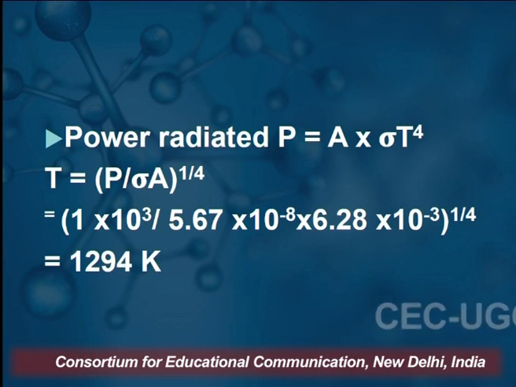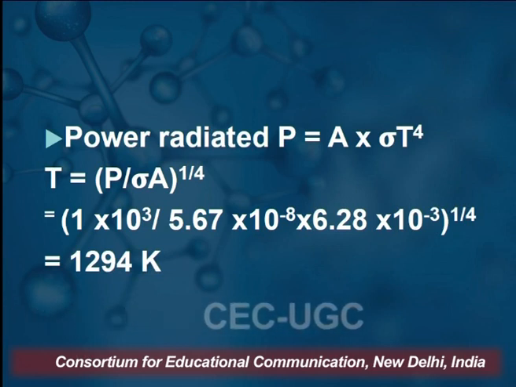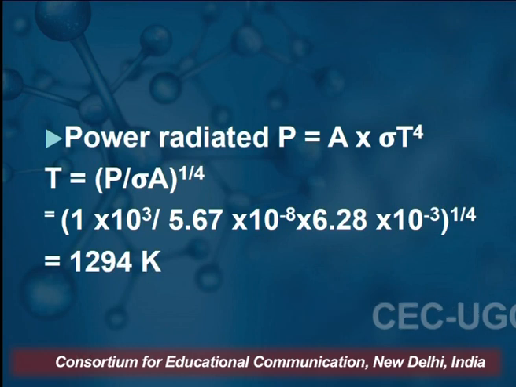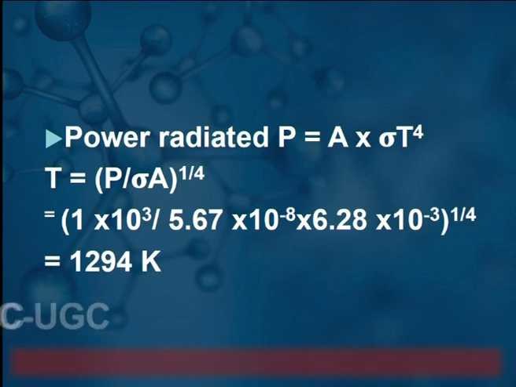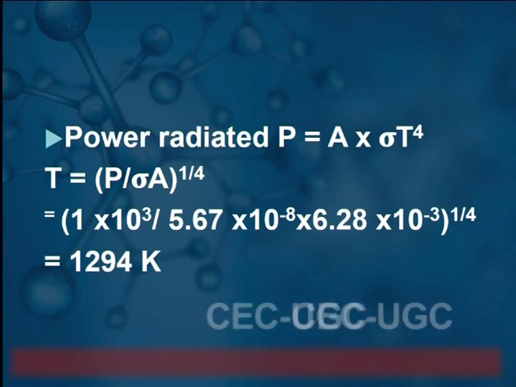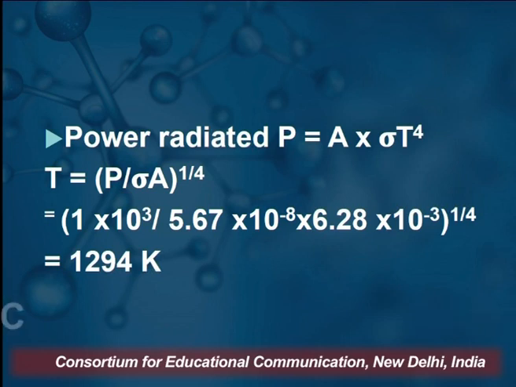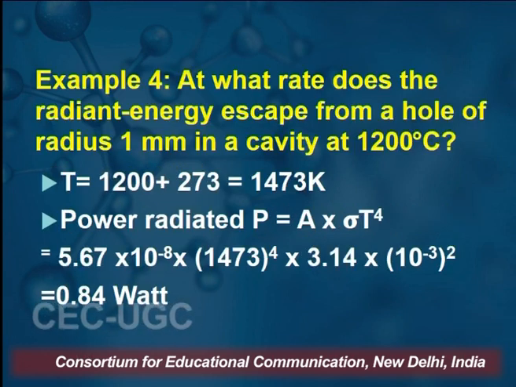So we now get 1 into 10 to the power 3 divided by 5.67 into 10 to the power minus 8 into 6.28 into 10 to the power minus 3, raised to the power 1 by 4. If we simplify this, we get the temperature as 1294 Kelvin. I hope you have understood this problem.